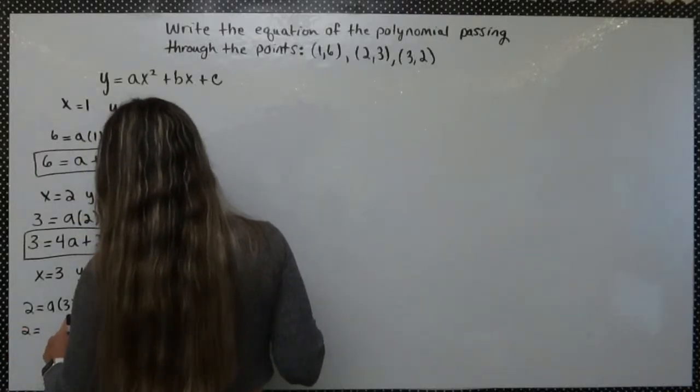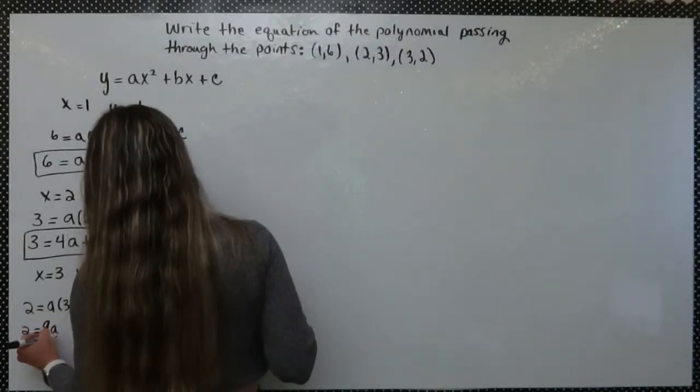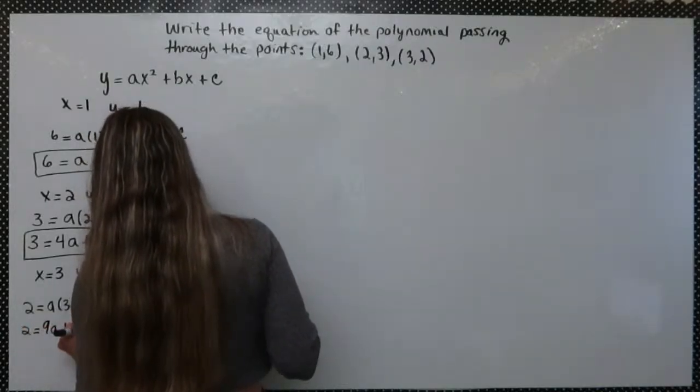Simplifying this one finally, 3 squared is 9, so 9a plus 3b plus c.